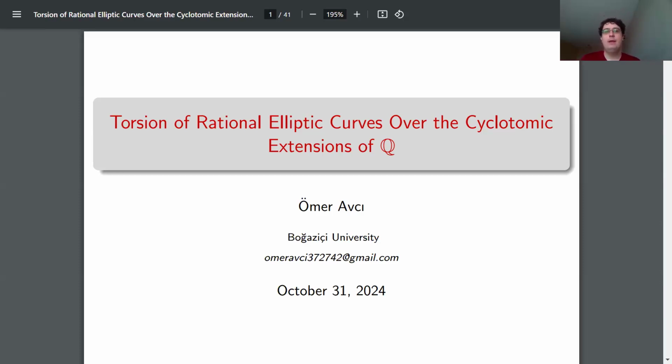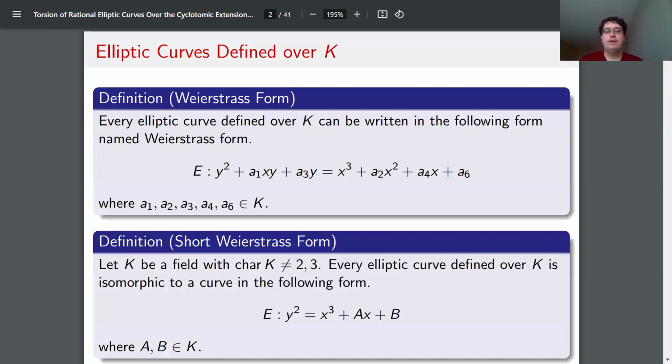Okay, so let's start. Just a quick reminder for the people: what's an elliptic curve? In general, an elliptic curve can have multiple coefficients. It's an equation that can be written in this form, but we will be dealing with the short Weierstrass form. If the characteristic of the field K is not 2 or 3, then we can put this in the form called short Weierstrass form.